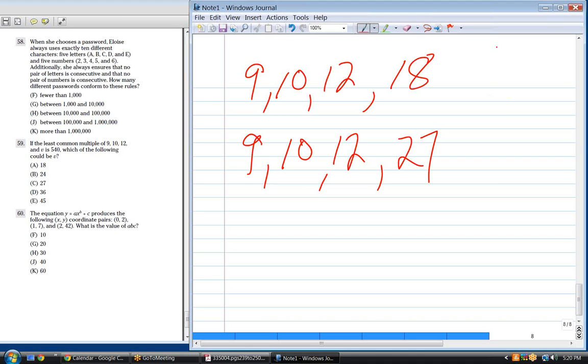I was trying to think of something, but I really don't know if it'd work out. Well, if 18 is our answer, and I had these four numbers, is 540 the least common multiple?